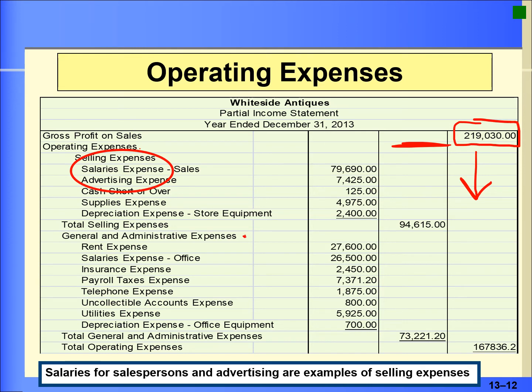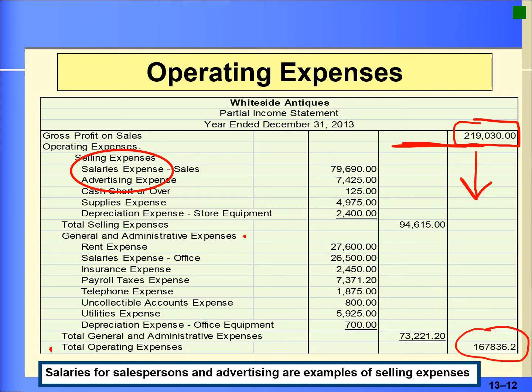And then you have a category that at the final stop says total operating expenses, which in this case would be the 167,836. But just remember that once you get to gross profit, that's what you made on your inventory. Everything below gross profit is all your operating expenses. And you'll find another term they like to call these is period expenses: sales salaries, advertising, supplies expense, rent, insurance, and so forth.